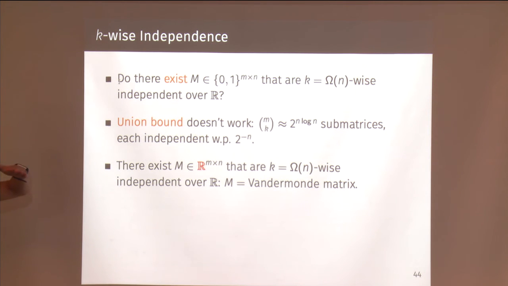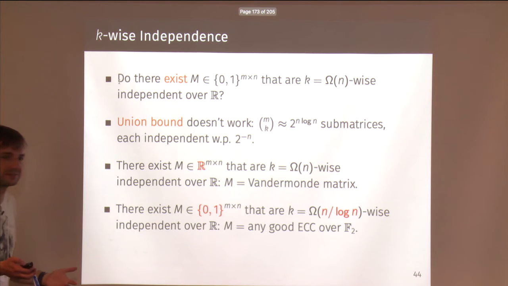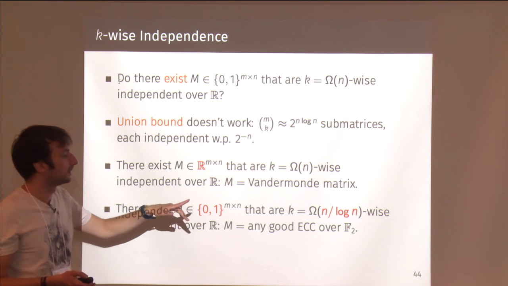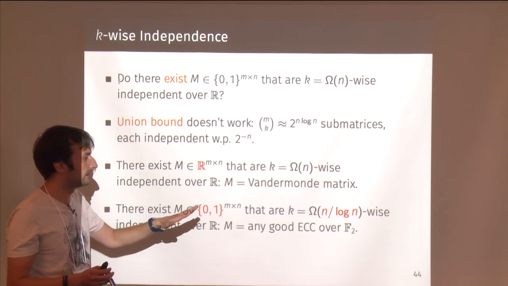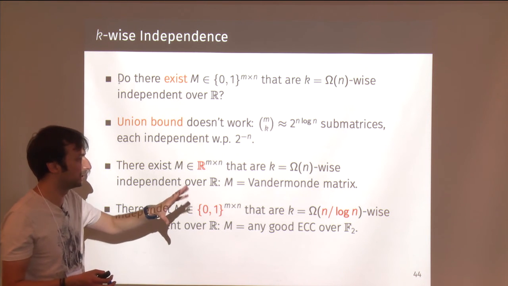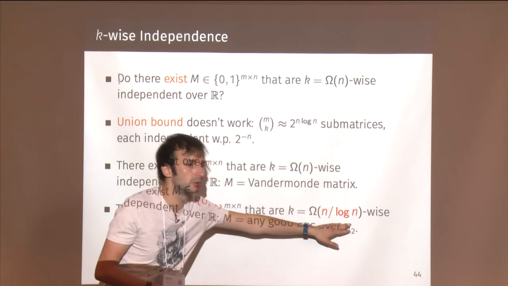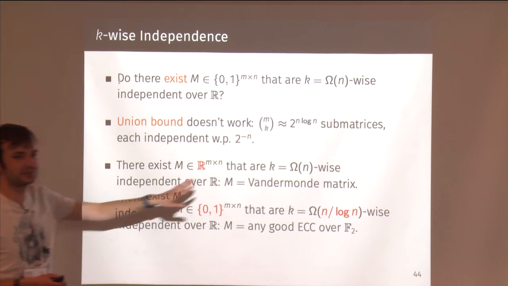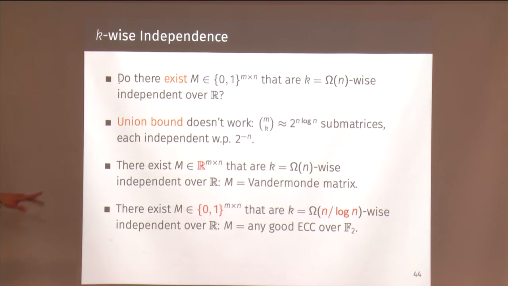It will be linearly independent over F2, so it will be linearly independent, say, over the reals for sure, even more linearly independent over the reals. But there is a bound: the best k-wise independence over a finite field you can get with polynomially many rows is n over log n wise. And this is not sufficient for our lower bound. For our lower bound, we really need n-wise independence.